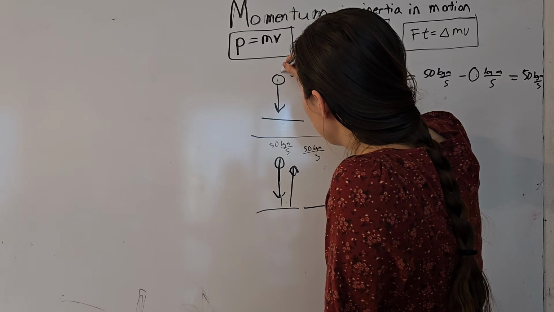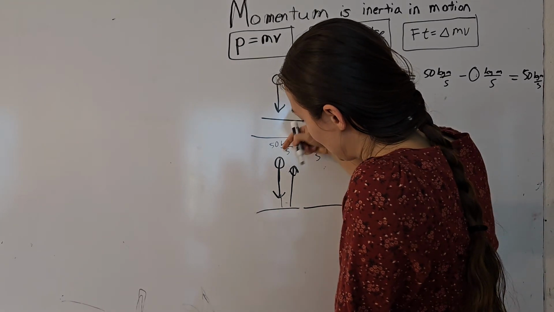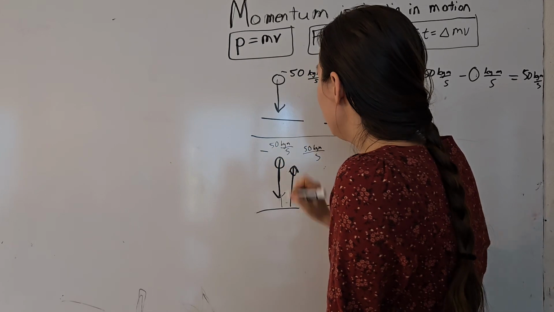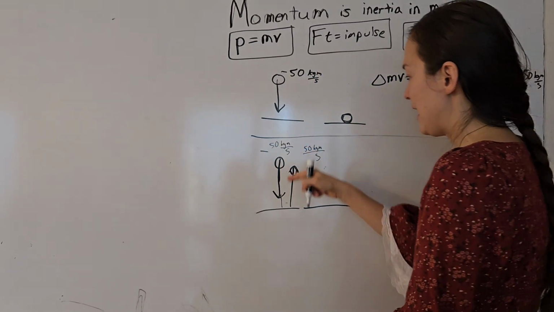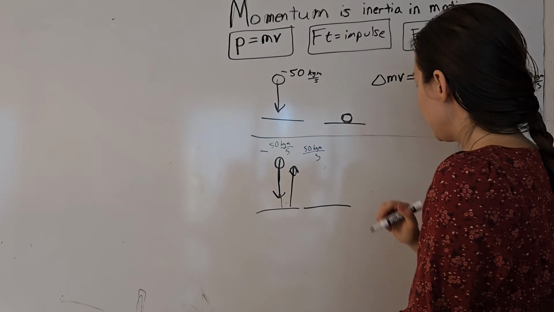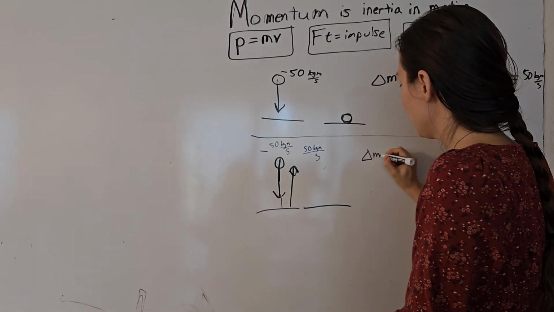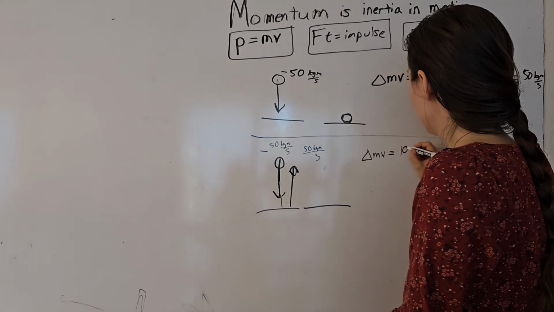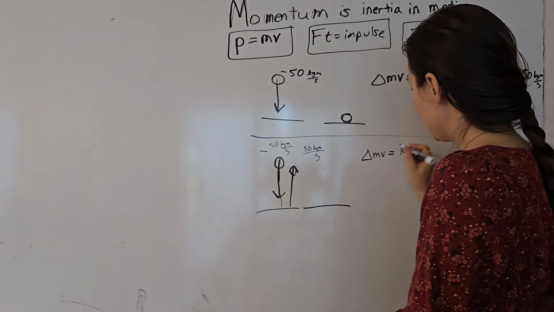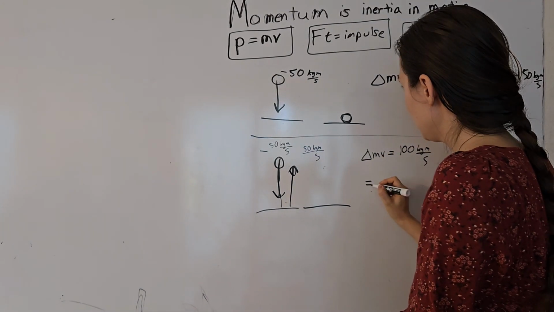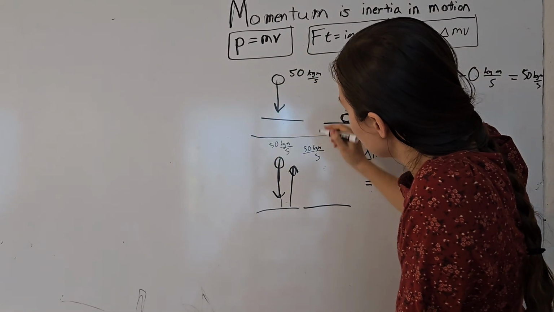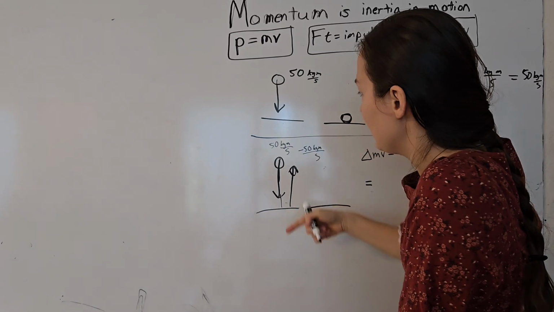Let's make the down one negative because we've got a little axis here. So let's imagine that things going this way are negative, things going this way are positive. So it had been 50 kilogram meters per second down, and now it's up. Now you see the overall difference in its momentum is 100 kilogram meters per second. You can see that because, you know what, let's make the one going down positive, makes it look prettier, and the one coming up negative, on the axis.